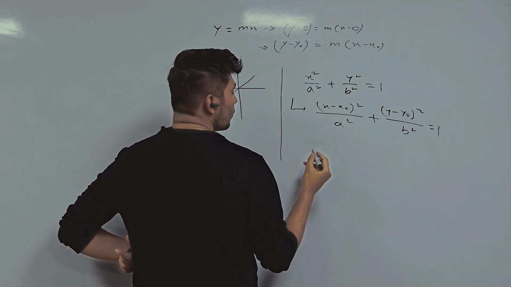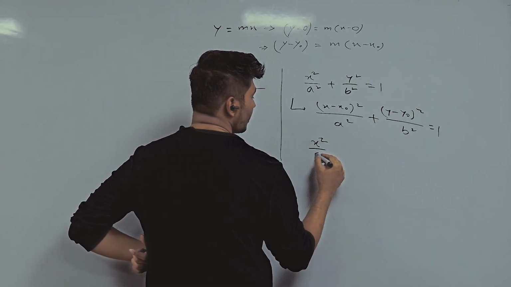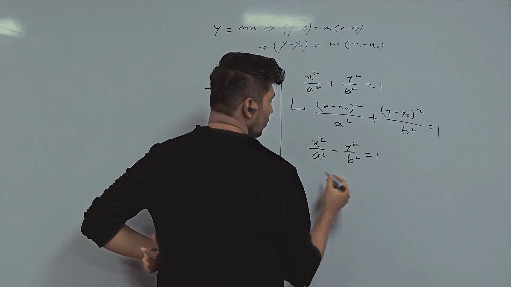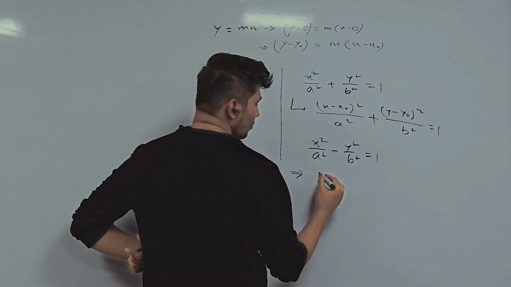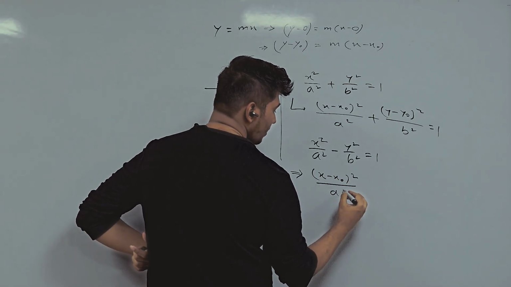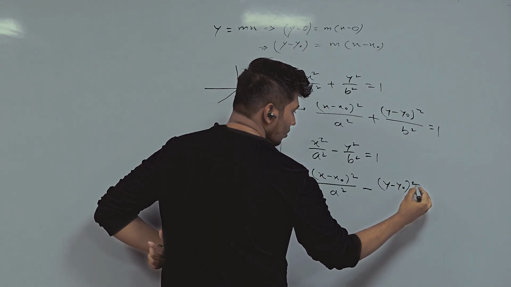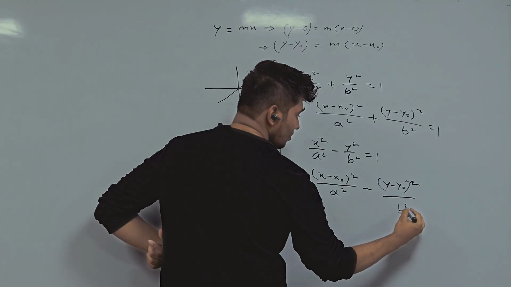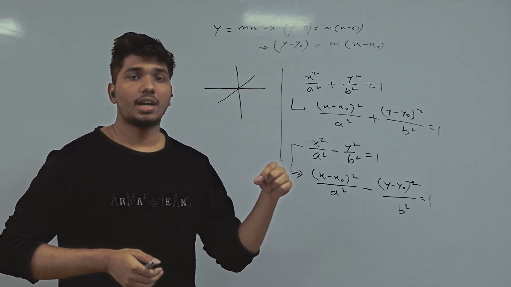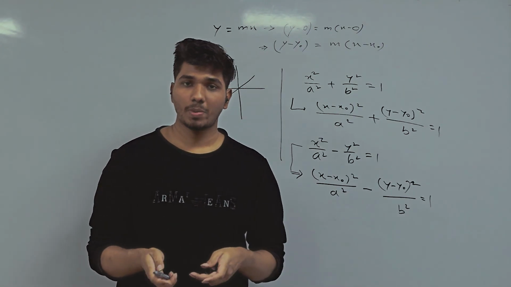In the same way, the equation of a hyperbola, which is x square divided by a square minus y square divided by b square is equal to 1, we can transform to x minus x naught whole square divided by a square minus y minus y naught whole square divided by b square is equal to 1. In such a way, we can shift the centers or focus of conics. I think you got my point.